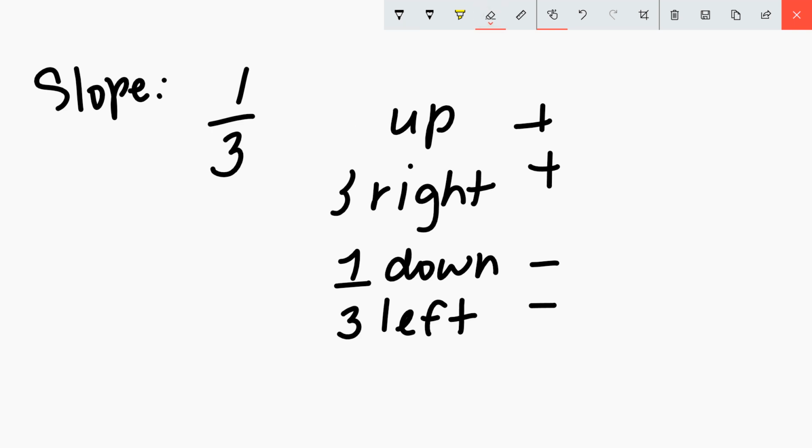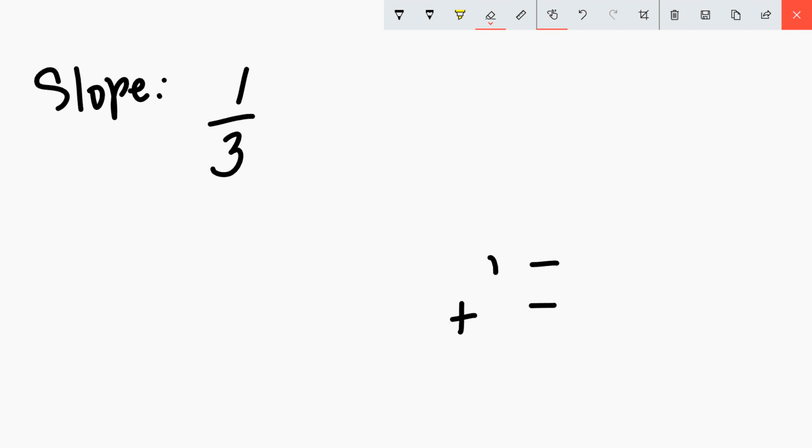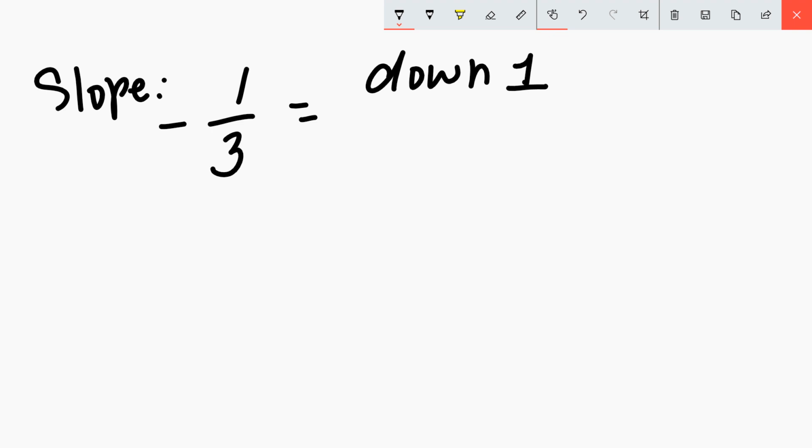Last scenario, if I had a negative slope, I'm going to keep it as 1/3, but let's say I've got a negative 1/3 as my slope. That means I'm going to go down 1 and right 3. That's because we're going negative direction, positive. Okay. When I put 2 negatives or 2 positives next to each other, they're going to be a positive direction.